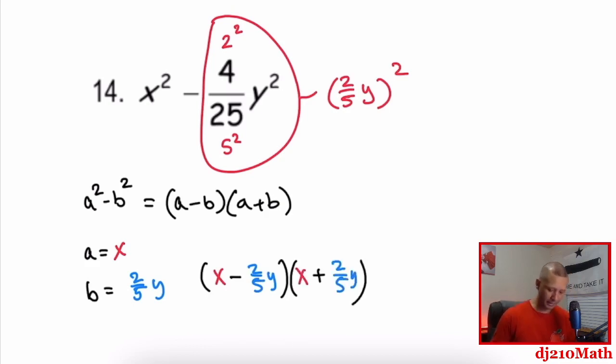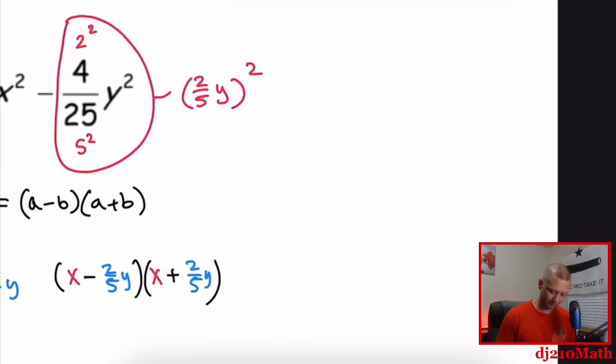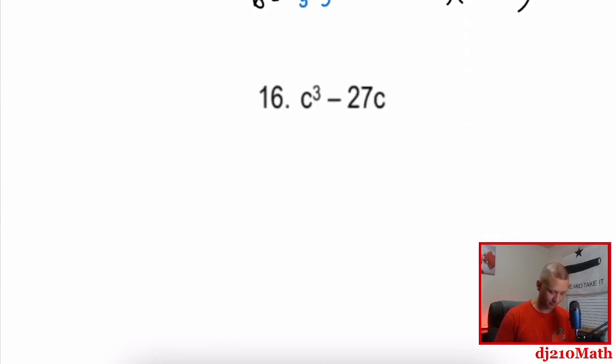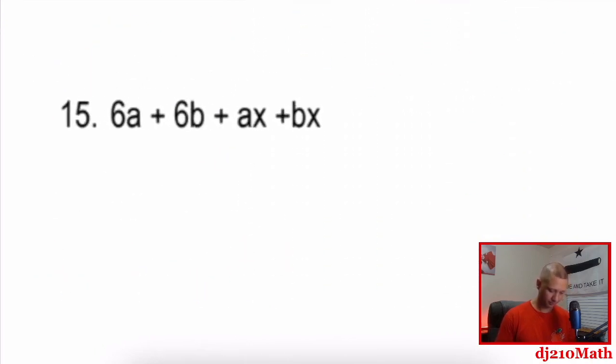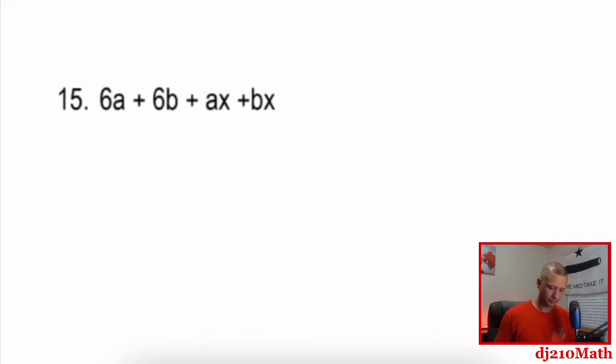So a minus b, a plus b. All right, factor in 4 terms. The idea is we're going to factor by grouping.